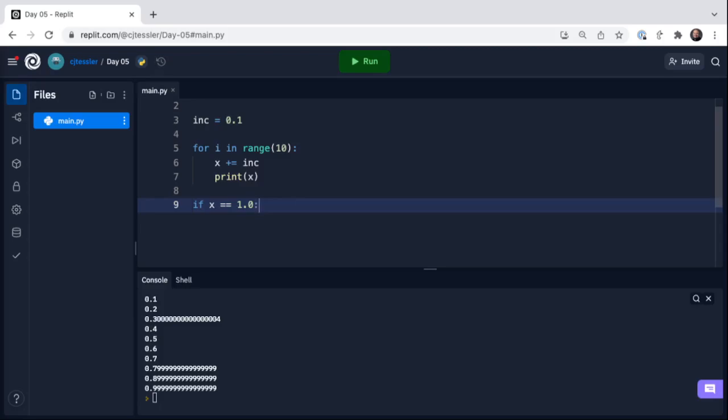If we added 0.1 to itself 10 times, we expect x to be equal to 1.0. We'll go ahead and print that f, so an f-string x equal to 1.0.